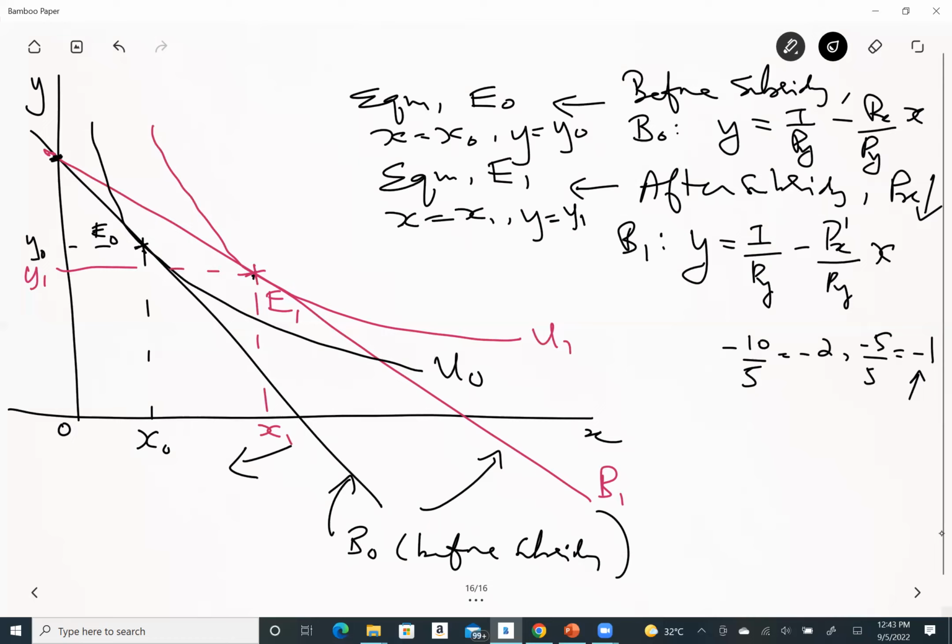X increases. First, okay, good. First, the consumption of the subsidized good will increase. So you see here, X1 is bigger than X0. All right, so in other words, what? X increases. Now, what is X? X is the one that the government gives the subsidy on. That is the subsidized good. Quantity increases.